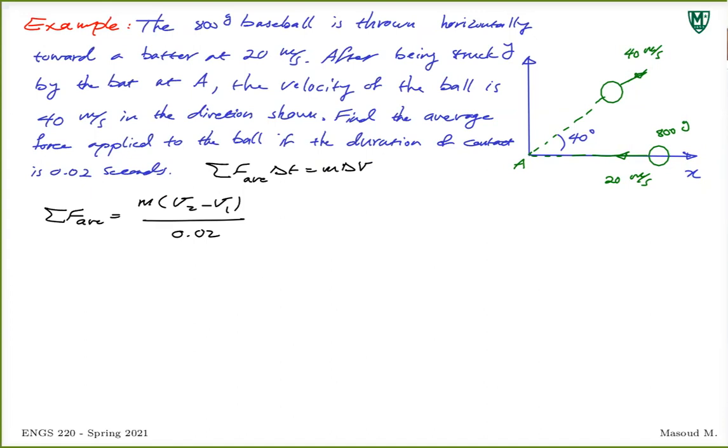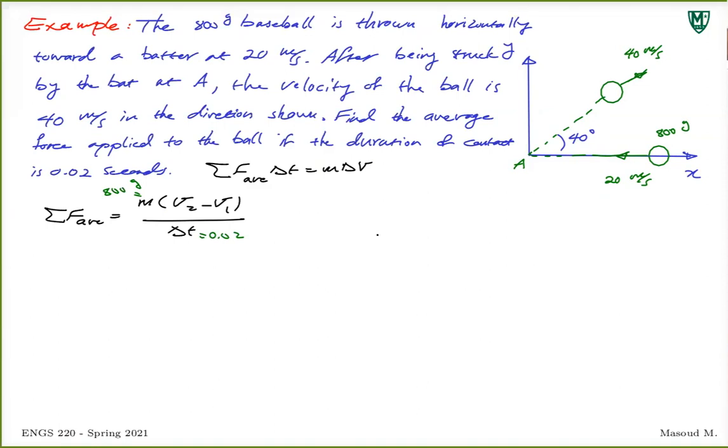Now we know M is also given, 800 grams. Let me follow the same procedure. Delta T is given as 0.02. Velocities, that's the tricky part. We have to take into account the direction. That's basically the point of this problem. I want you to see that direction matters when it comes to momentum as opposed to energy.